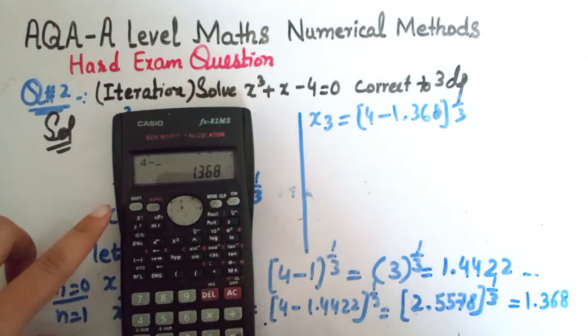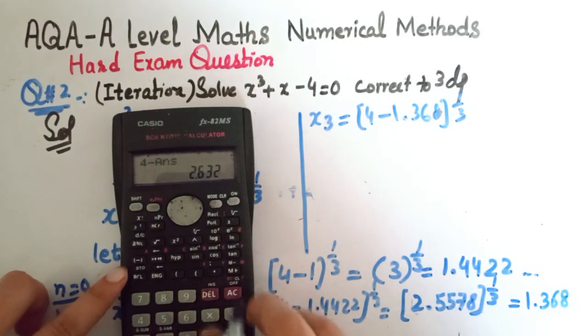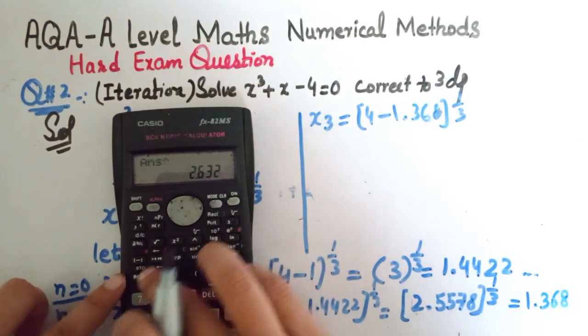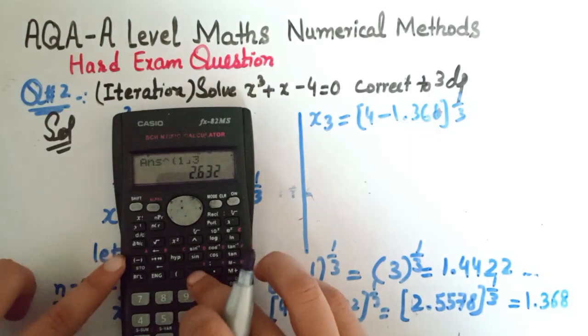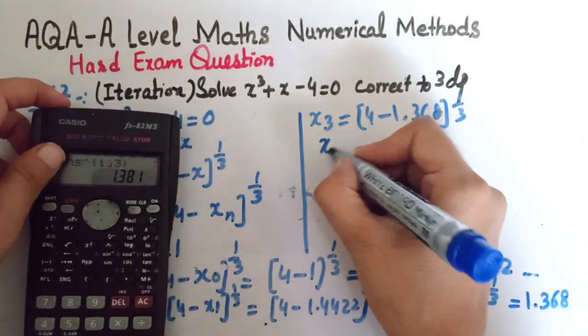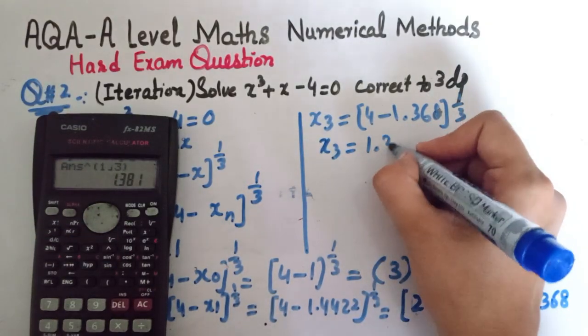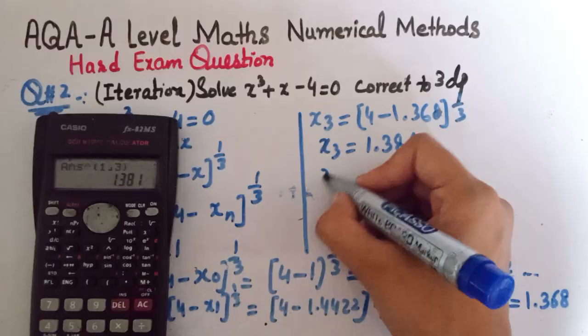So 4 minus answer, then take the answer to the power 1 by 3. So this is 1.381. Now we will solve this for x4.